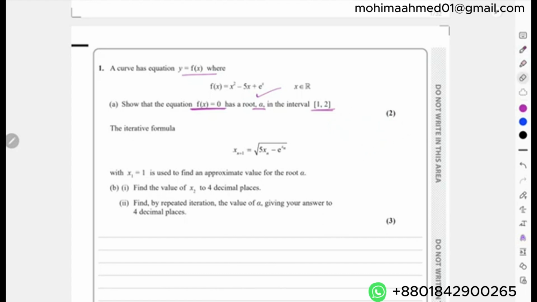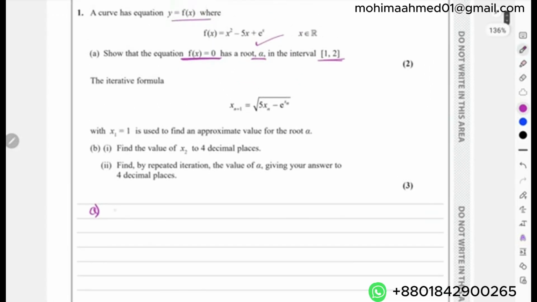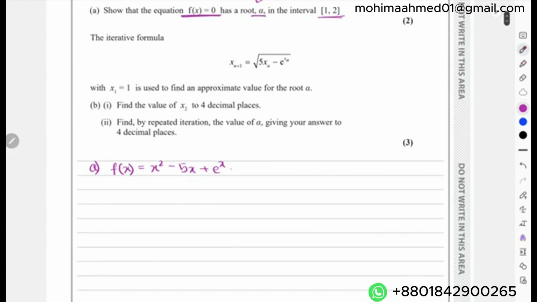So we'll start part A. We'll start with the basic f(x), so we have the equation f(x) equals x squared minus 5x plus e to the power x. For the range that is provided, 1 and 2, we're just going to use 1. So x equals 1. So this is f(1): 1 squared minus 5 times 1, and then obviously e to the power 1.